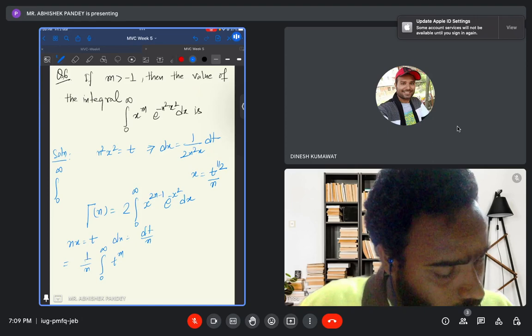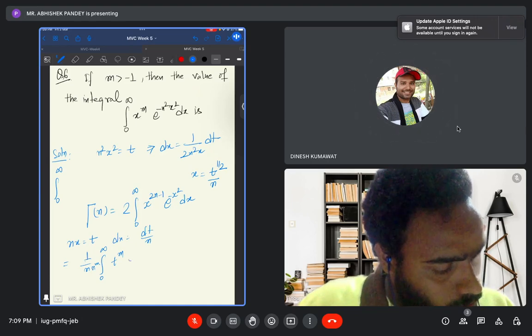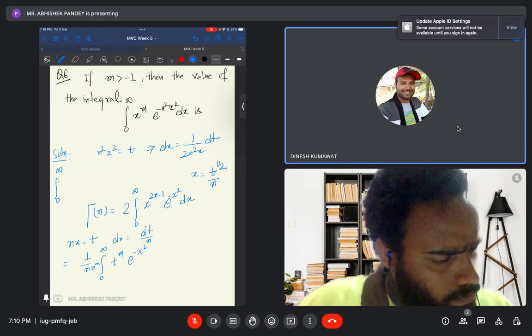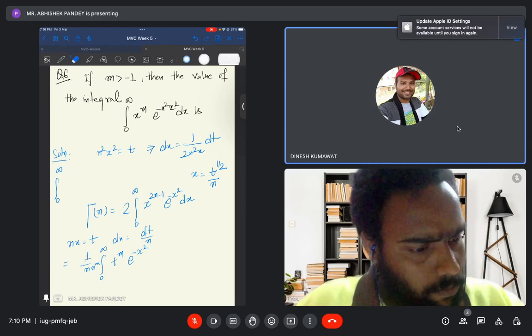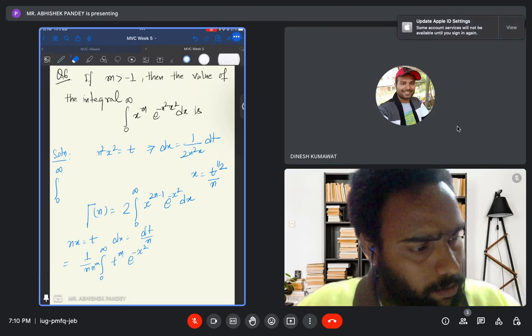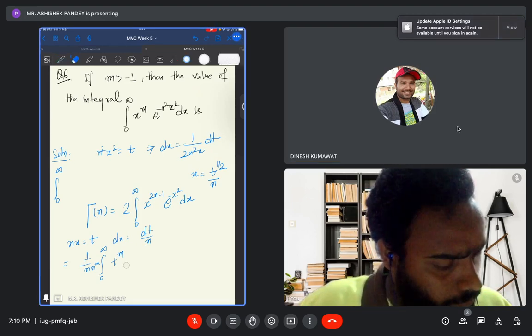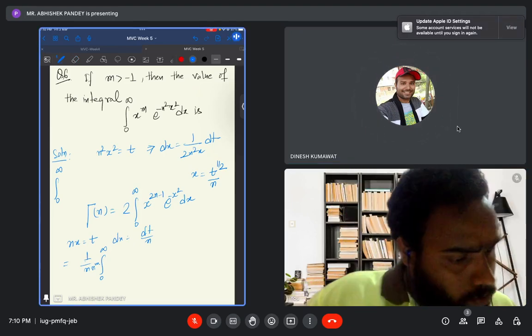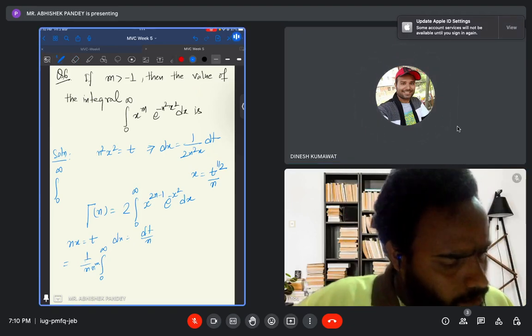So you will get t to the power m upon n to the power m, and e to the power minus t square, since we are putting nx equals t.